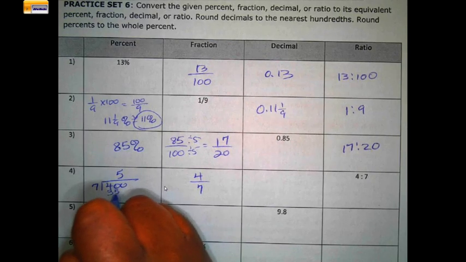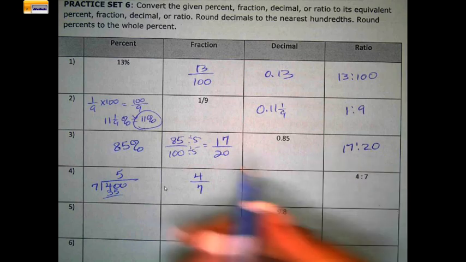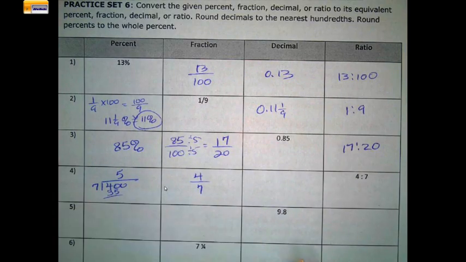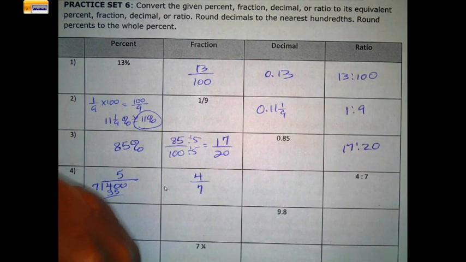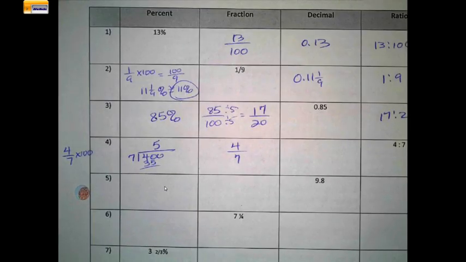Why did I use 400 instead of 4? How do I make a fraction a percent? You've got to multiply by 100, so that'll be 400 on top.